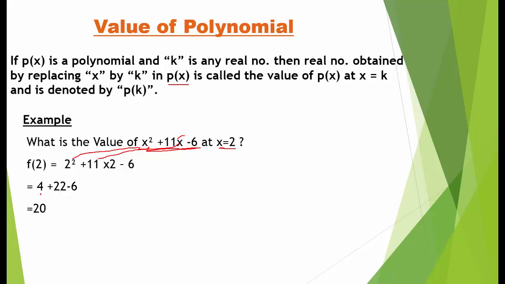This becomes 4 plus 22, that is 26, minus 6, which is 20. This 20 is the value of the polynomial x square plus 11x minus 6 at x equals 2. Only replace the variable x with the real number k at which you want to find the value.